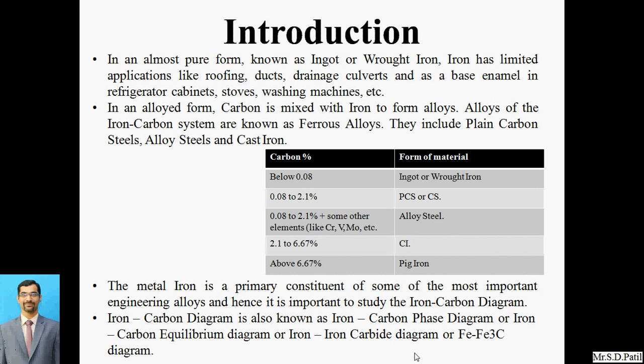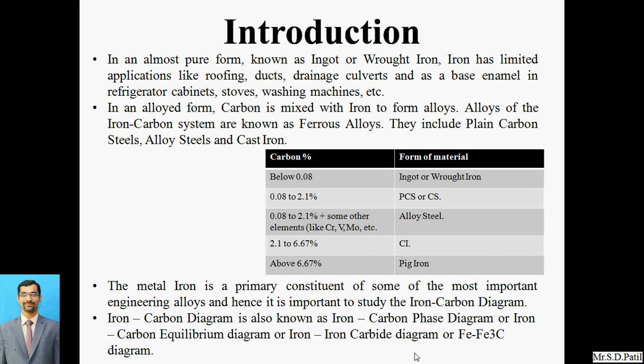The iron carbon diagram is also known as the iron carbon phase diagram, the iron carbon equilibrium diagram, or the iron iron carbide diagram, that is, the Fe3C diagram. So these are the different names for the iron carbon diagram.